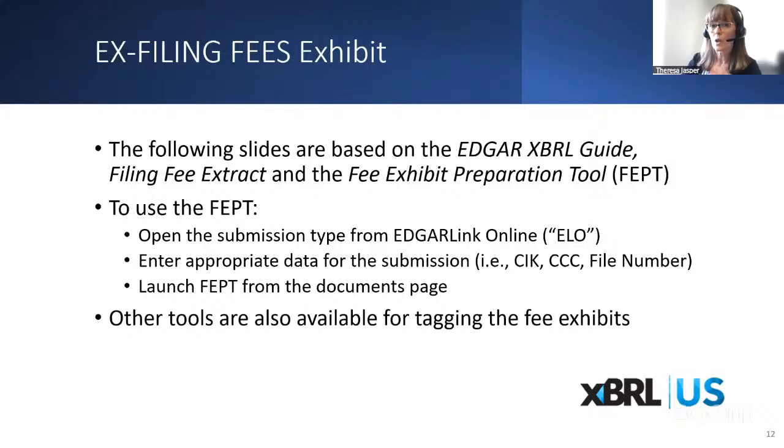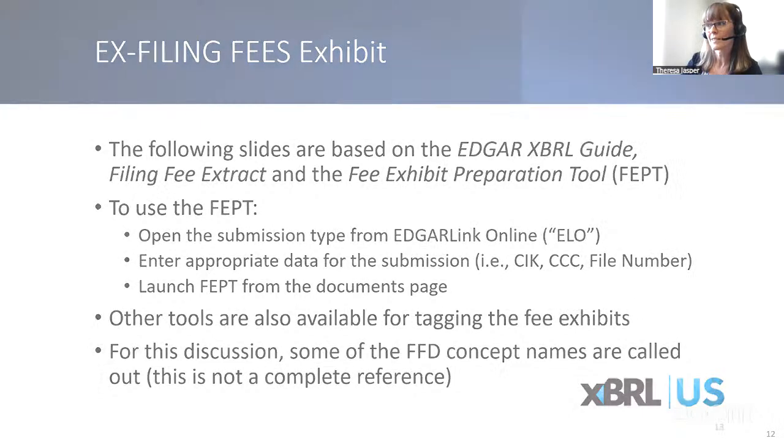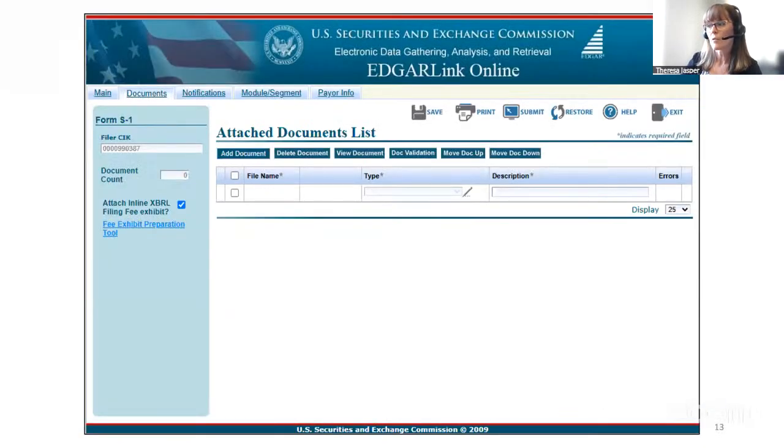Other tools are also available for tagging the fee exhibits. For this discussion, some of the FFD concept names are called out. This is not a complete reference. As mentioned, the FEPT is launched from Edgar Link Online on the Documents page by checking the Attach inline box and then clicking the link to launch the tool.